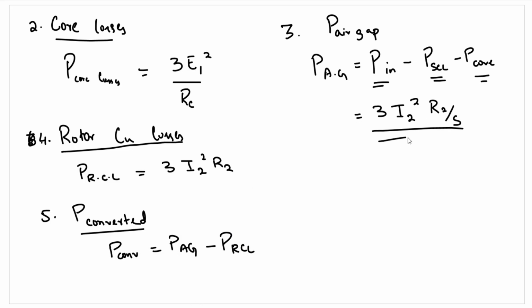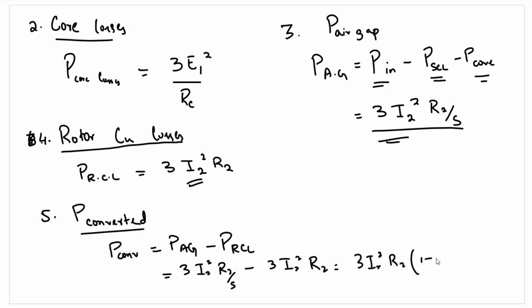Substituting, thrice I2 square R2 by S minus thrice I2 square R2, we find the P converted is thrice I2 square R2 times (1 by S minus 1), or we can say (1 minus S) divided by S. So this is the converted power, that's the power available to the shaft of the induction motor.